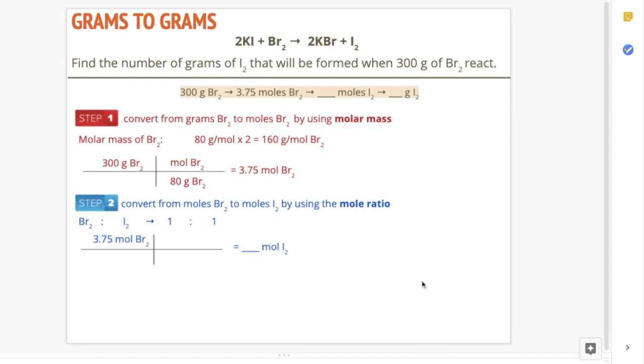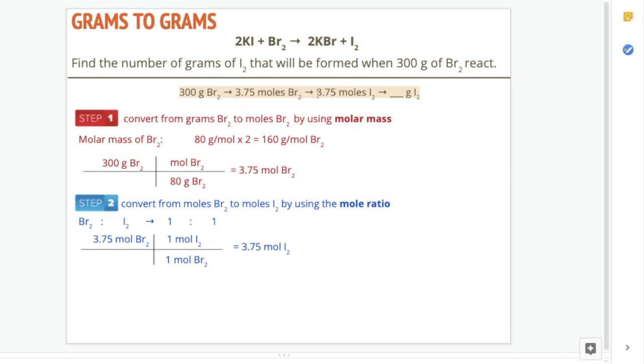That means I need to put 1 mole of Br2 on the bottom, and then the 1 mole of I2 on the top, which is coming from this ratio, so that I can cancel these two out. Mole Br is gone, and I'm just left with mole of iodine. Now 3.75 times 1 equals 3.75. So let's record that up there.